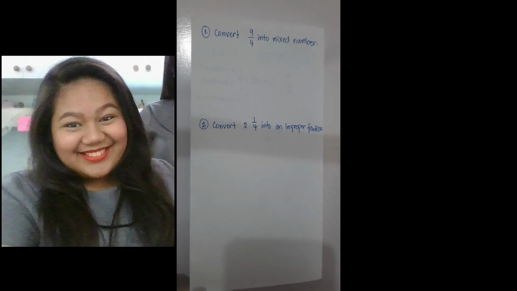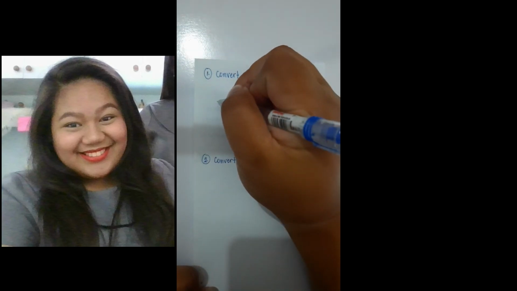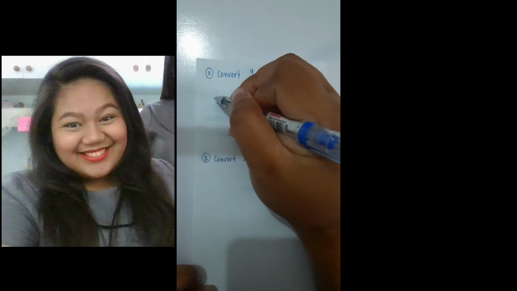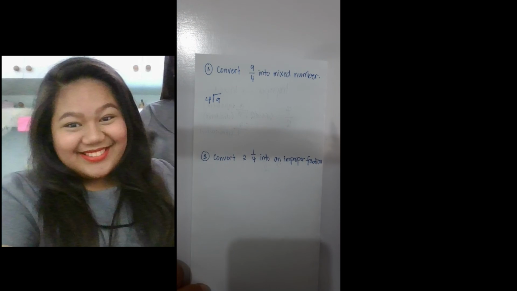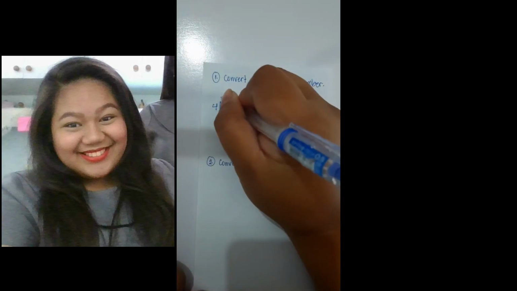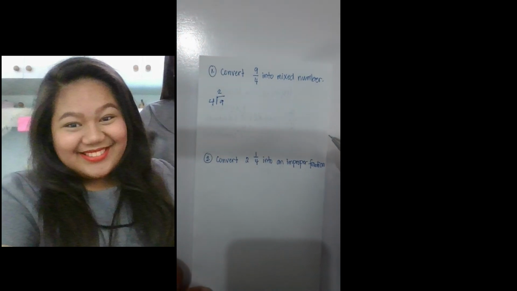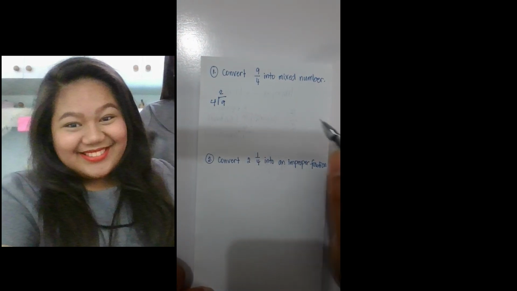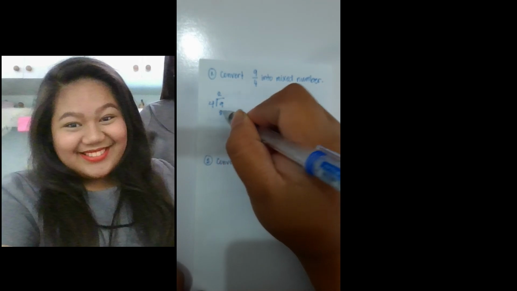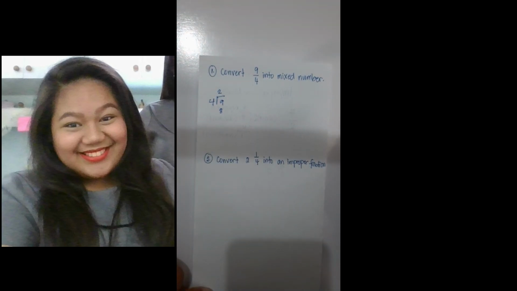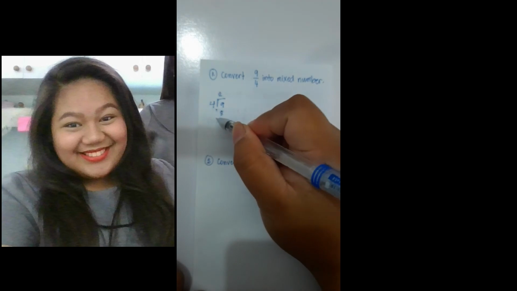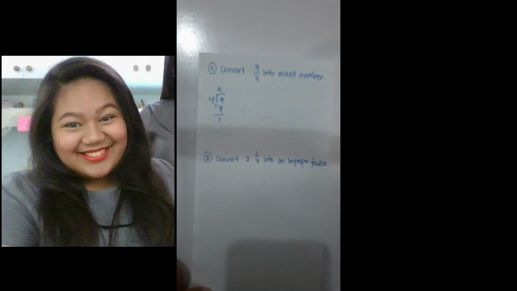So again, we divide 9 by 4. How many 4s are in 9? There are 2. So 4 times 2 equals 8. 9 minus 8 equals 1.